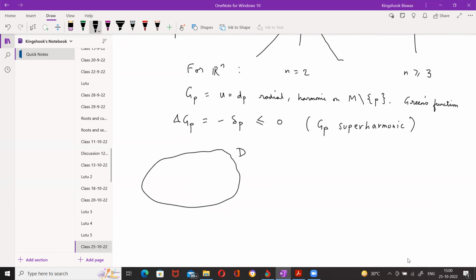For subharmonic functions, U is a function from your domain D in M to the extended real numbers, taking values in minus infinity, and it should be lower semi-continuous.